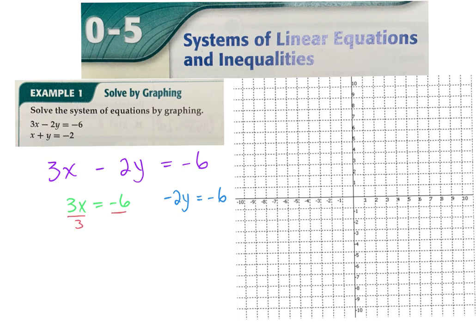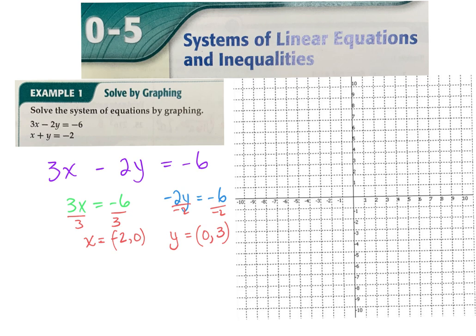I would divide by 3, and I would see that my x-intercept happens at negative 2. It is a point, however. So that is negative 2, 0, because I zeroed out my y, all right? For my y-intercept, divide by negative 2, I get y equals 3. But remember that is a point, so it is actually 0, 3. I zeroed out my x. So those are my 2 points for this line.